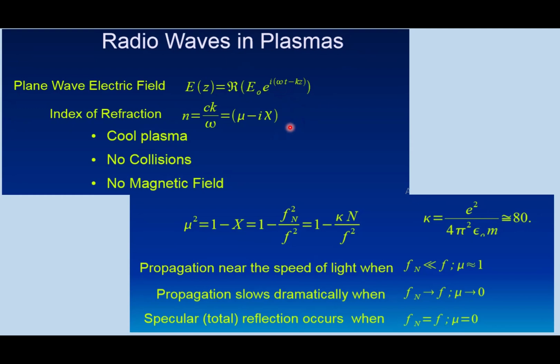Now, in free space, the electromagnetic waves propagate with the velocity of light, that is c. All electromagnetic waves propagate with the same velocity c in free space.